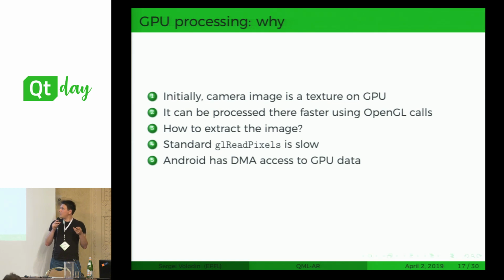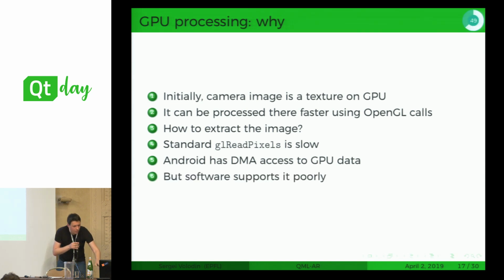But the key insight here is that Android already has a quick connection between GPU and CPU. Namely, it has direct memory access from CPU to GPU data. However, from the software side, it's not well documented.